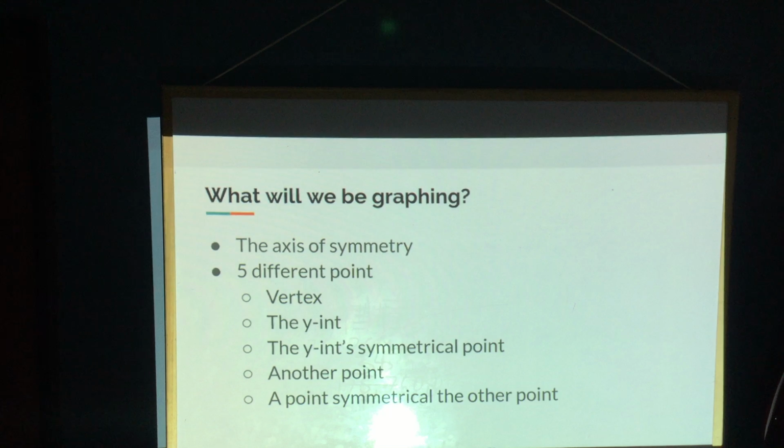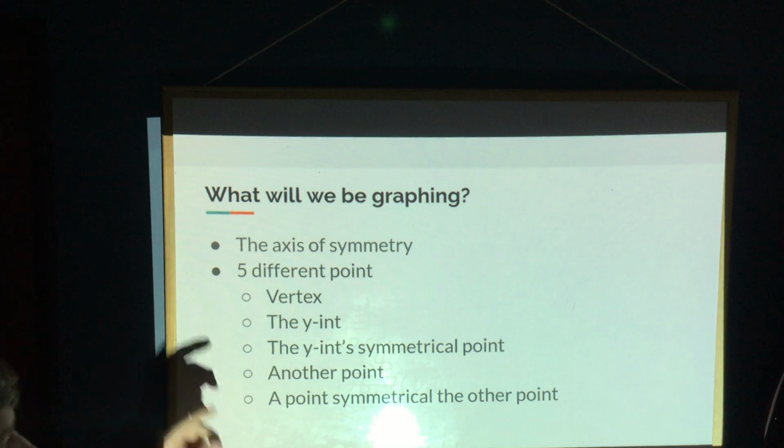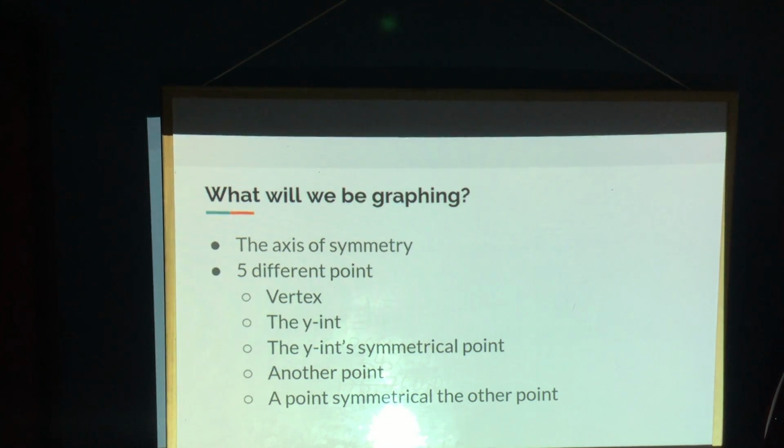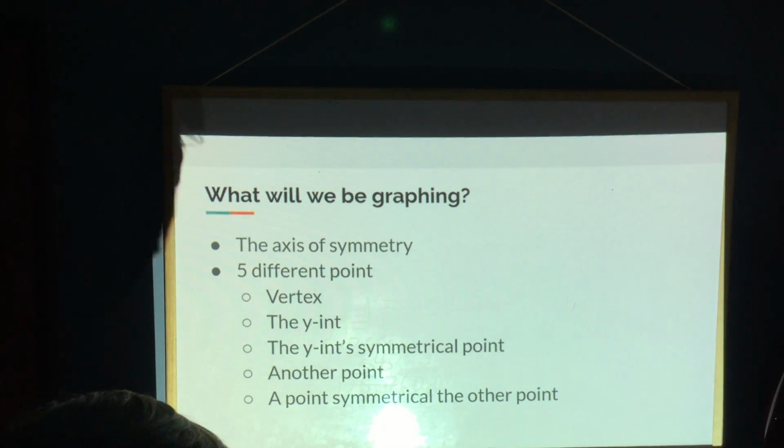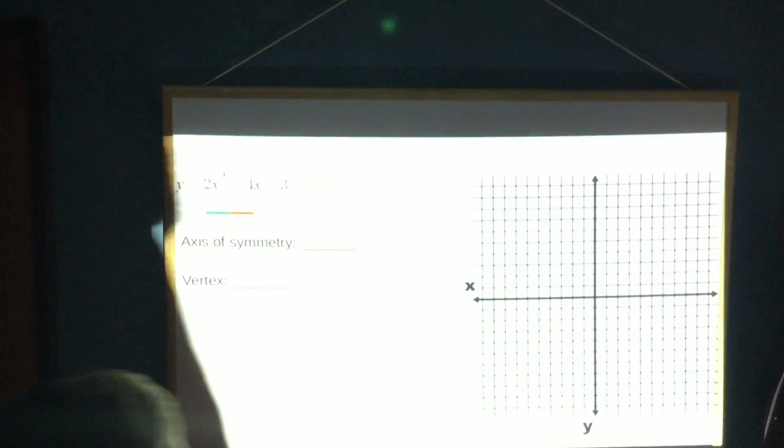Okay, so I'll go into that in more detail, obviously. So axis of symmetry, vertex, the y-intercept and its symmetrical point, any other point, and its symmetrical point. Okay. Sounds complicated, but I promise it gets easier the more we go through it.